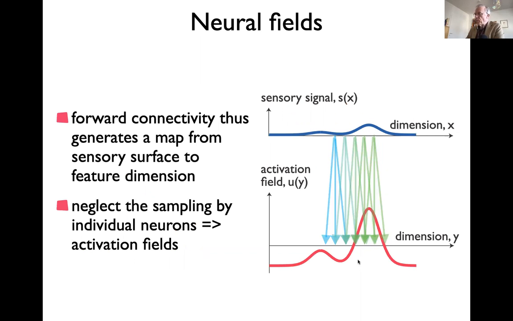And so what we then would do, we would say that the pattern of activation induced here in this field approximates the input distribution by virtue of this forward connectivity.